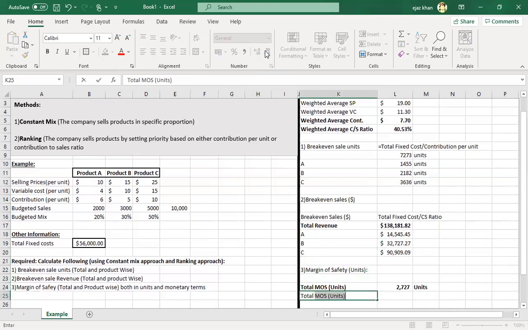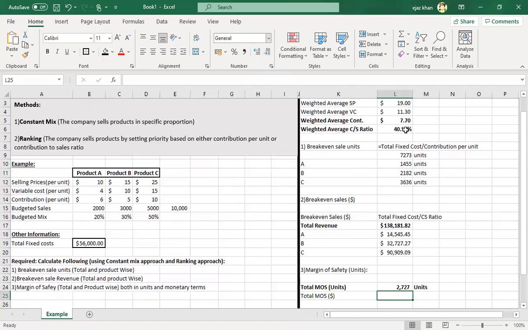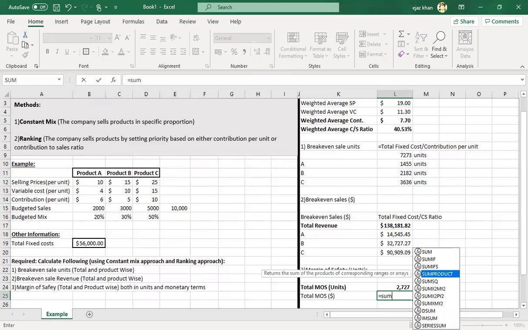Similarly, if we need to find out total margin of safety in revenue, for that we need to find out the total sales revenue figure first. And then from this, we have to subtract the break-even sales revenue figure. So the total sales revenue figure could be calculated by using the sum product formula.